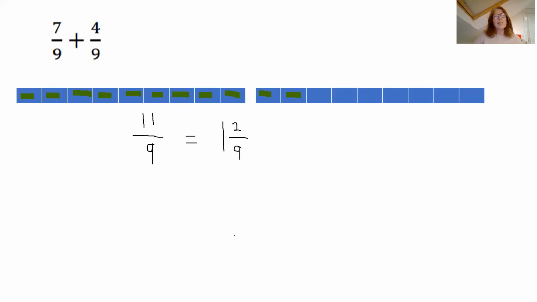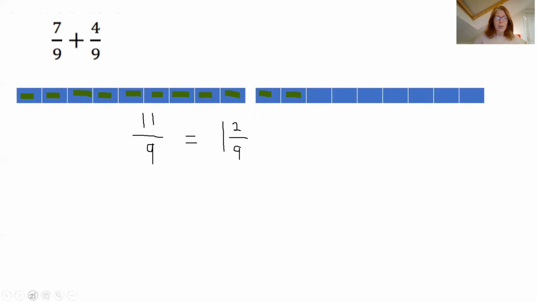So I could say that 7 ninths add 4 ninths is 11 ninths. That's what we call an improper fraction, because the numerator is bigger than the denominator. Or I can say 7 ninths add 4 ninths is 1 and 2 ninths. And we call this a mixed number because it's a mix of a whole number and a fraction.